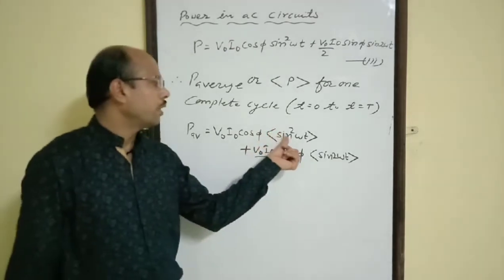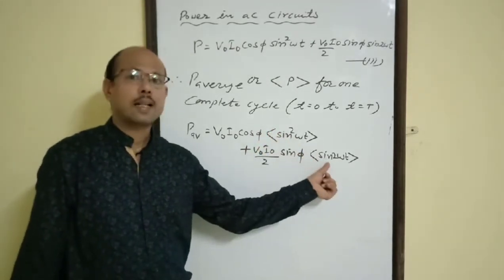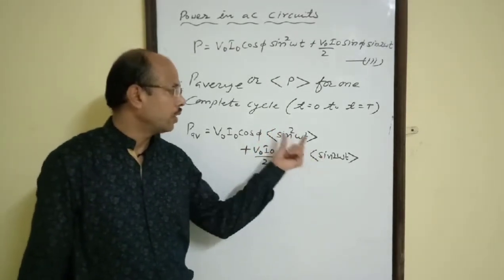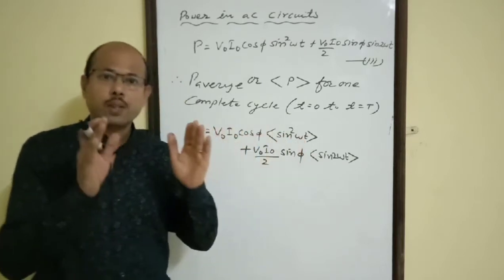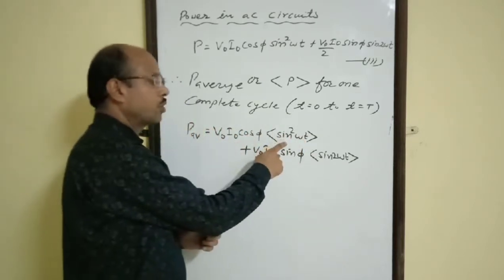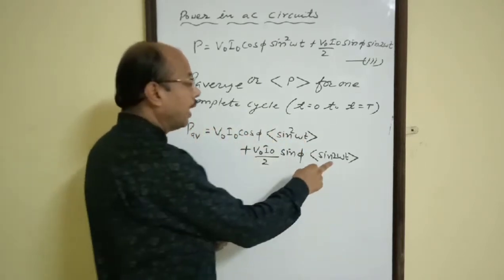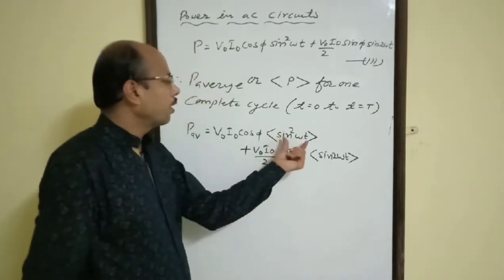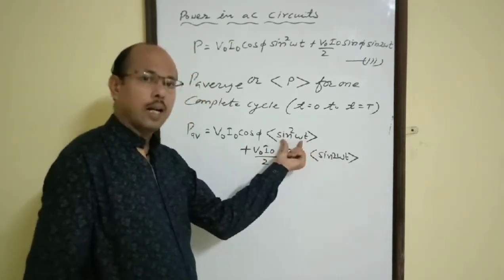Now you can use these two relations directly. Although we can solve these two integrations that we have already solved in the expression of RMS current and average value, here there is no need to solve this integration again.